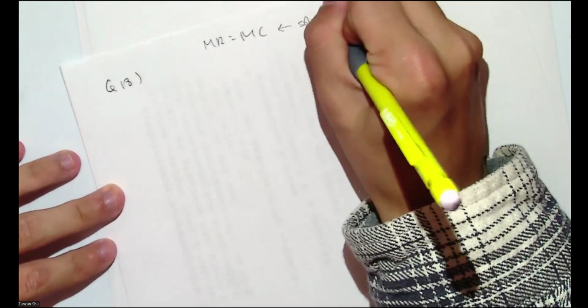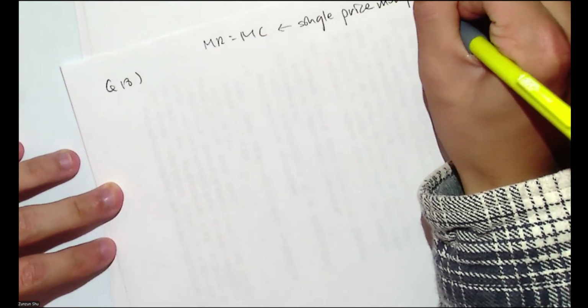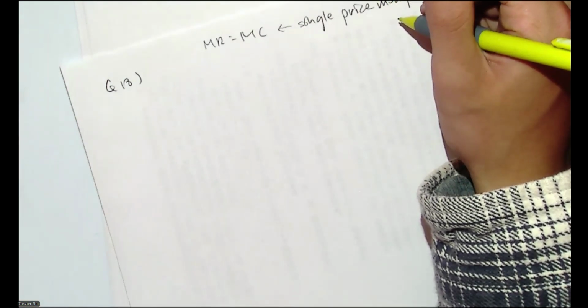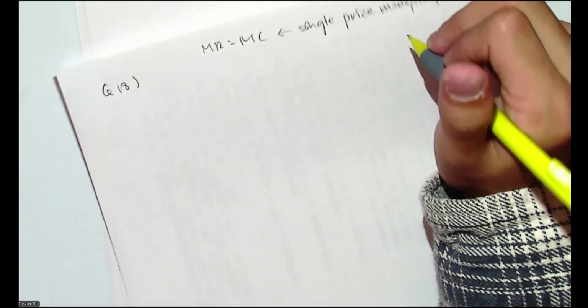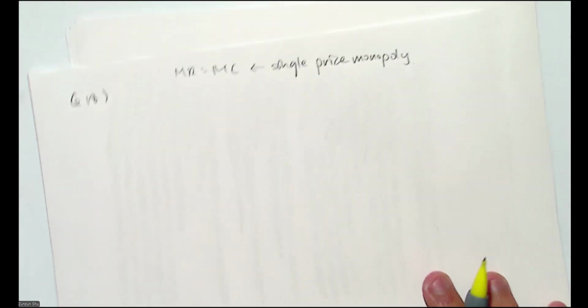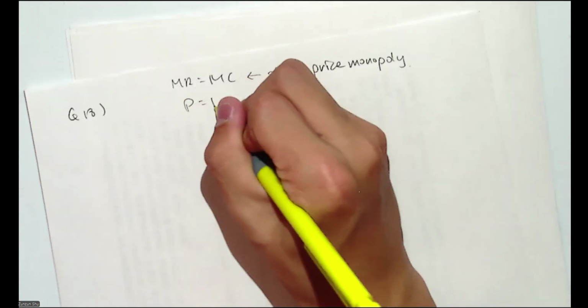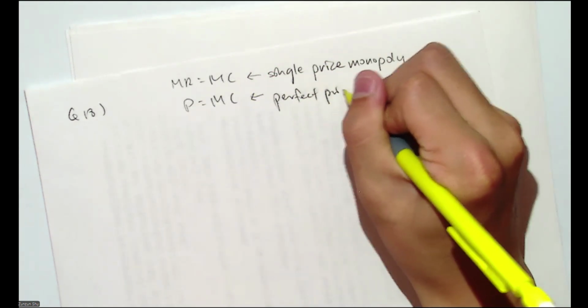This would not apply to the different types we just mentioned, first, second, third degree. Even for two-part tariff, we would want to use P equals MC. We would also use P equals MC for perfect price discrimination.